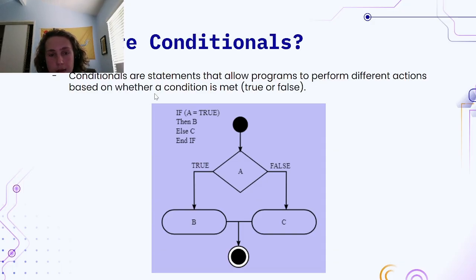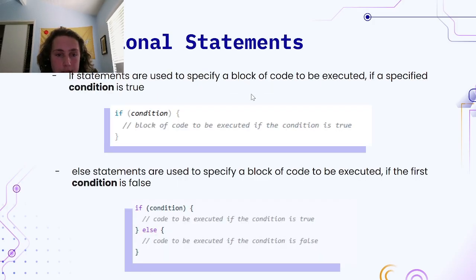So basically, if whatever is in the parentheses in an if statement evaluates to true, then whatever is within its curly braces will happen. And then if there's an else after it, then if it evaluates to false, it'll do that instead.